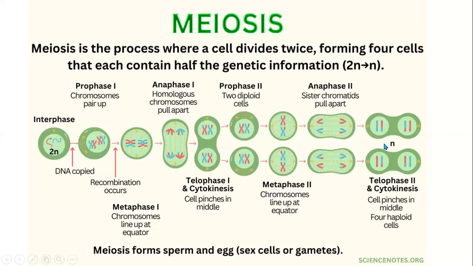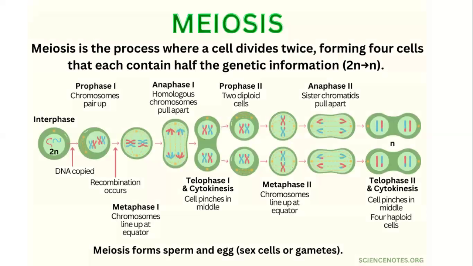So meiosis helps us to form haploid cells. These haploid cells have a special name. We call them gametes. So meiosis is important in gamete formation, or what we call sex cells.